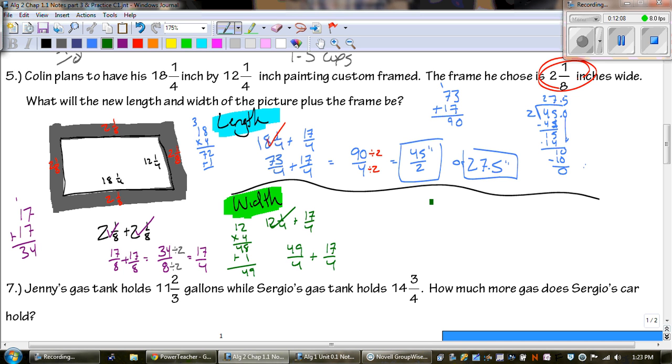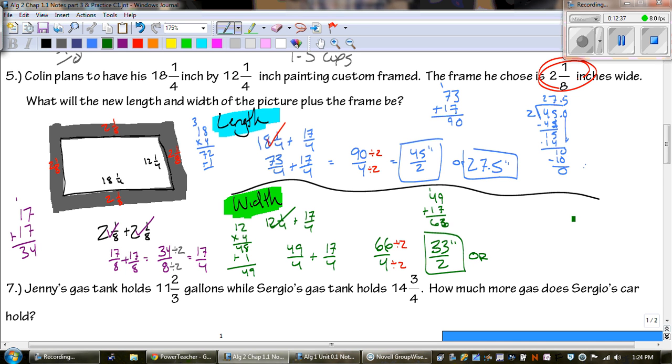Once again, we can add everything because we have a common denominator. So 49 plus 17, carry the 1, should have gotten 63. I'm sorry, not 63, that's 66. I was doing it too fast in my head. Okay, go ahead and reduce, and we get 33 over 2.